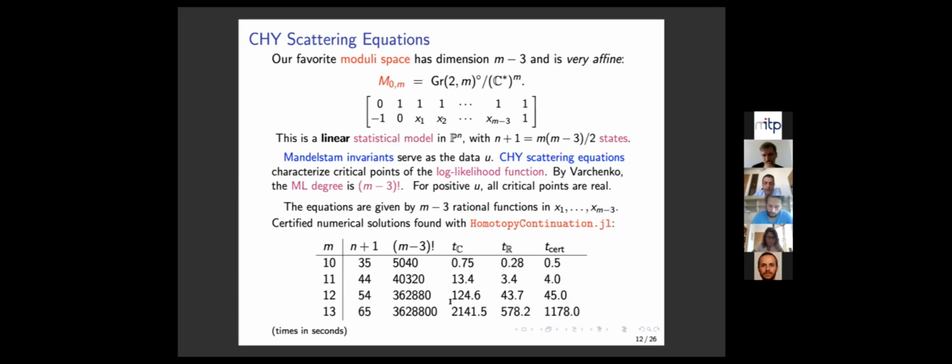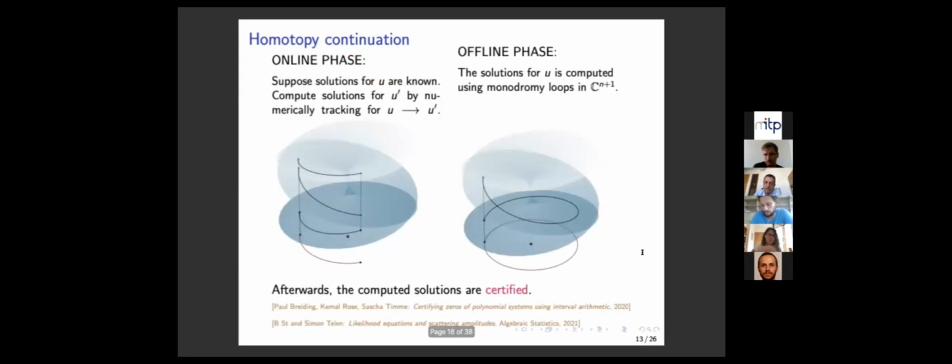So for example, here, 2,000 seconds, then only 500 to trace to real. And then finally, there's a certification step: if you click an extra button, you say certify, the program produces an interval arithmetic proof that the 3.6 million numerical solutions that were found are actually correct. So this worked very nicely on this class of equations. Maybe just a minute or two, where homotopy continuation works.